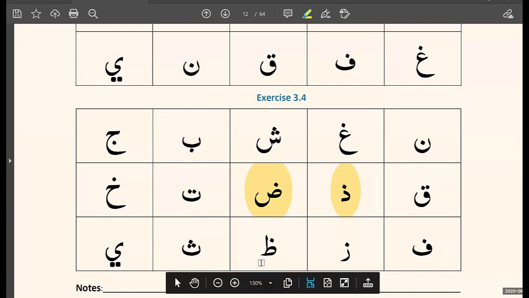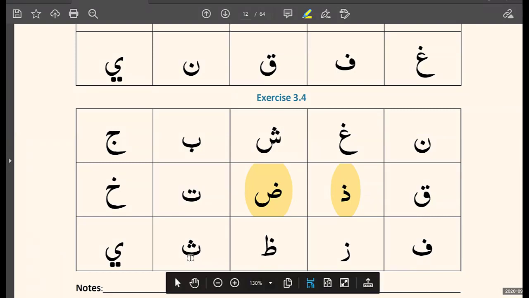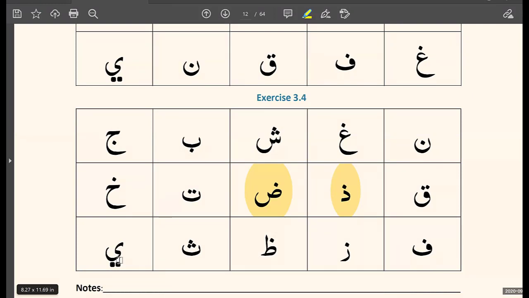Za, there is no vowel inside. Za, this is a thick letter. Za. Tha, yes. Ya. Okay, now let me know how many letters will always be pronounced with a thick and heavy sound. How many letters out of 29? 7.